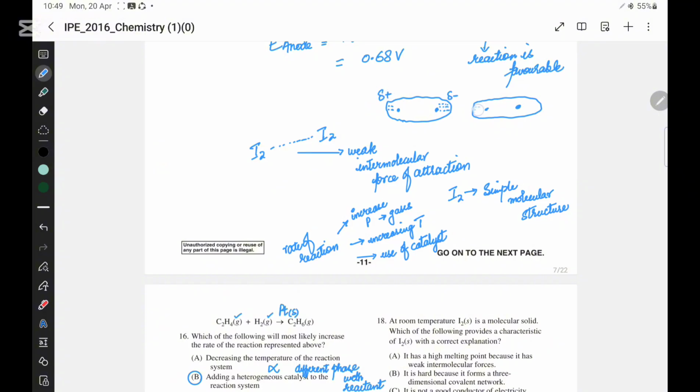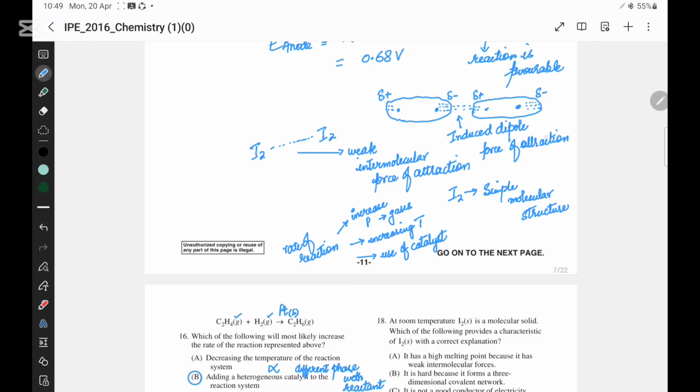So fewer electrons here means partial positive charge, so a force of attraction is there. More electrons would be at this point, partial negative charge. So this is going to be an induced dipole force of attraction. Induced dipole, because that has been induced for a short period of time, and that is going to be weaker.